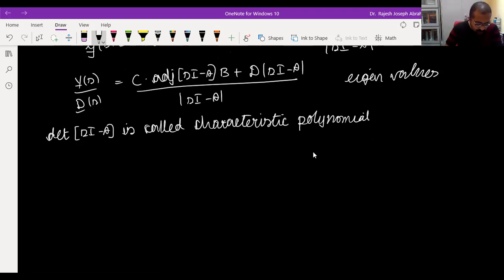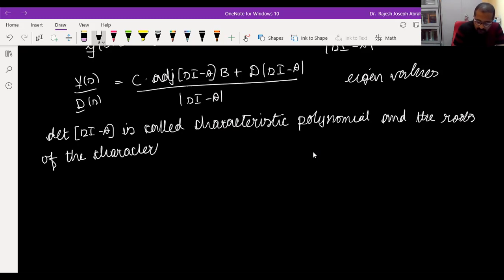The roots of the characteristic equation are the poles of the transfer function.